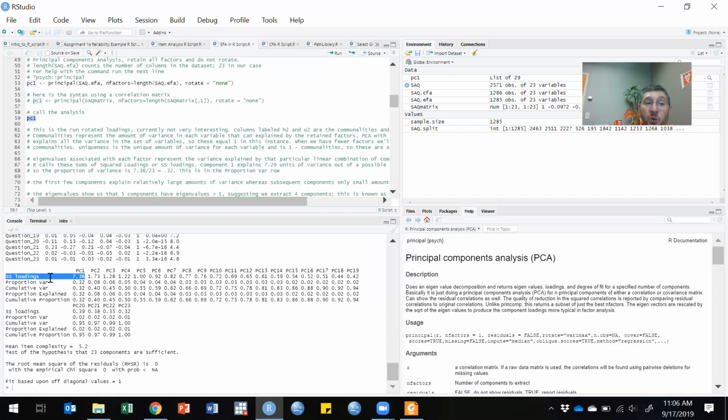So here, component 1 explains 7.36 units of variance out of a possible 23 units of variance. So it explains 32% of the variance in the data set. And notice the cumulative percent, we're explaining all of the variance. So principal components analysis will explain all of the variance in our data set.